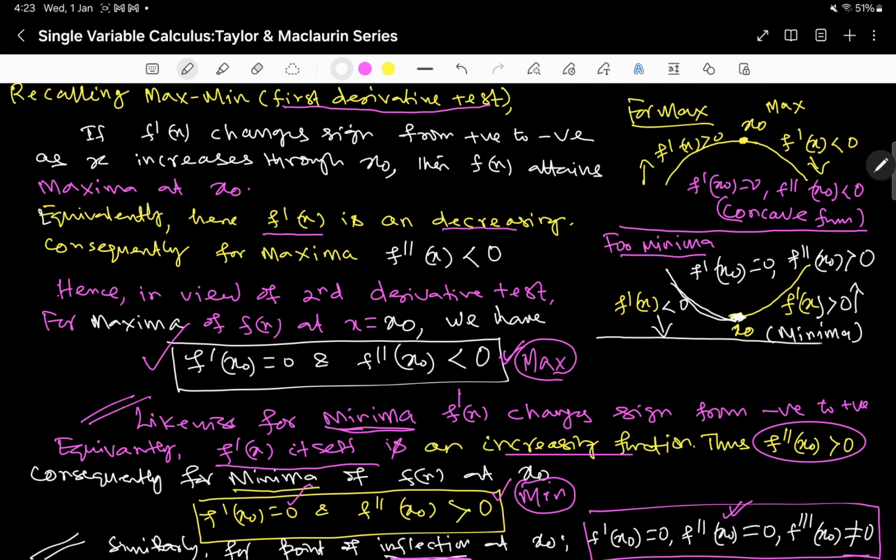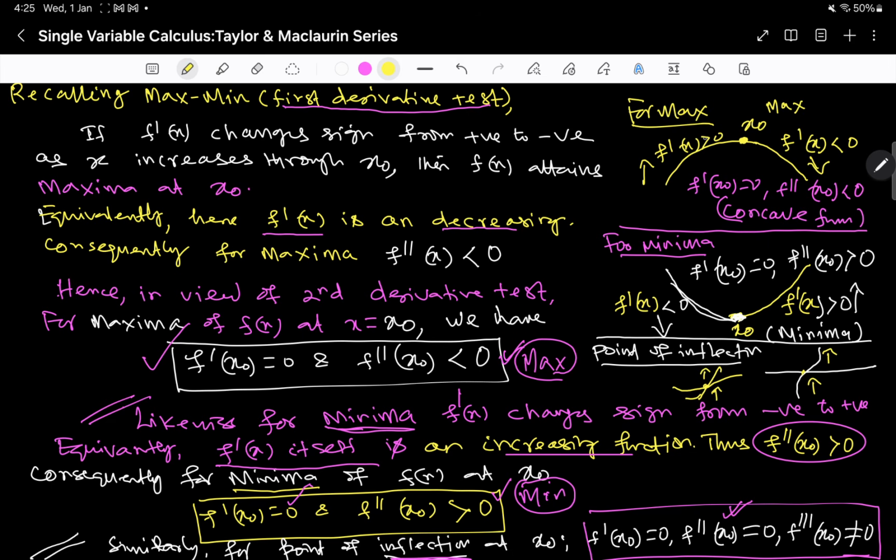Now for the point of inflection, what will happen here? You see the curve crosses the tangent line. Here the function increases, and here also the function increases.